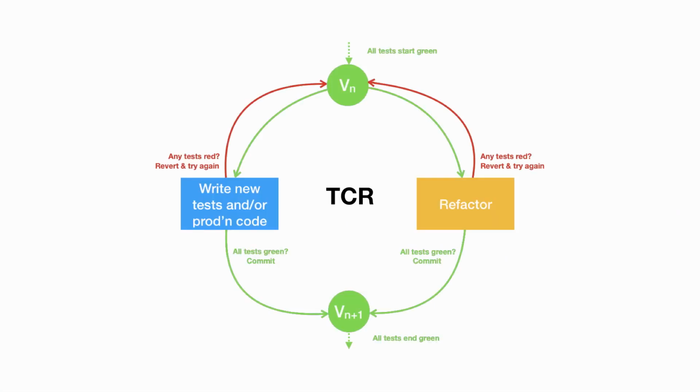Finally, I wanted to return to this TCR diagram and emphasize again how we went from one version to the next version. We moved forward to write some new tests or production code, usually both. And if the tests failed, like happened a few times, we reverted and tried again. Same thing on the refactoring side. Refactoring is supposed to create the same behavior. If it doesn't, tests fail, then again, we revert and we try again.